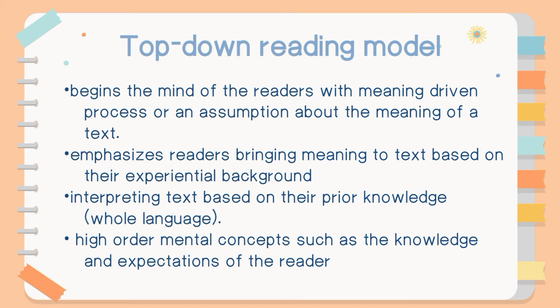In short, it starts with comprehension before going down to the meaning of each word. The other feature of the top-down model is that reading for meaning is the primary objective of reading rather than the mastery of letters, sounds, and words.